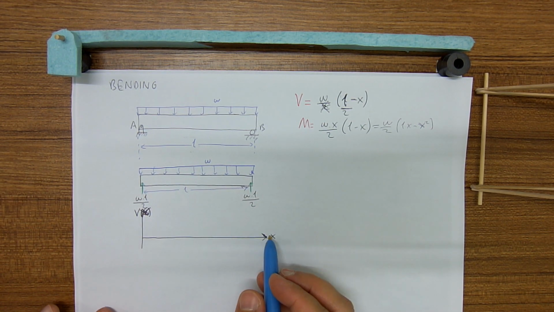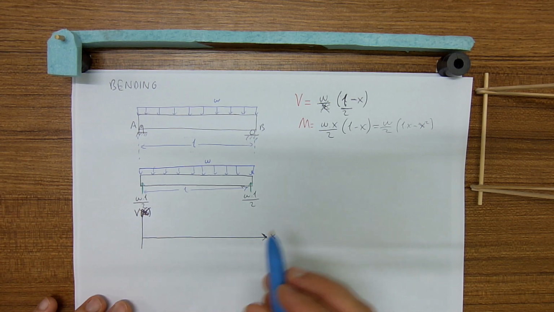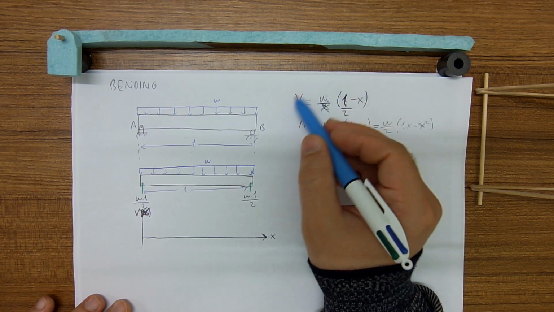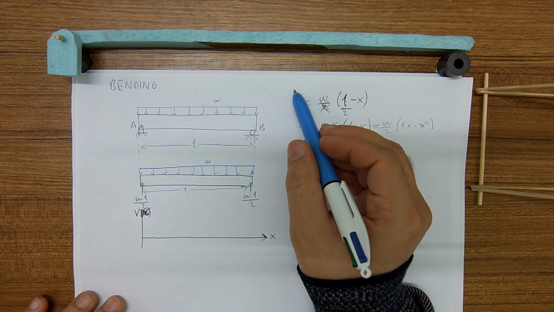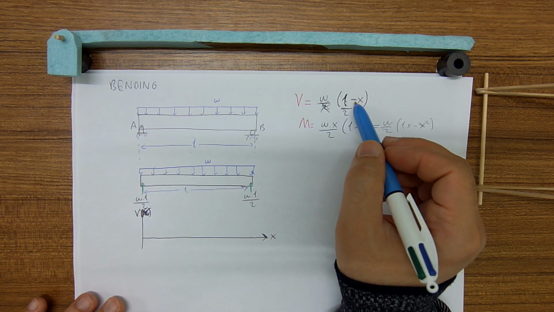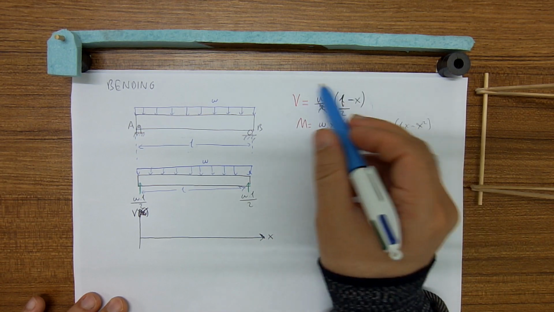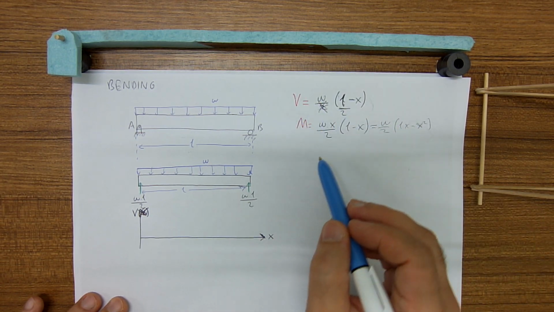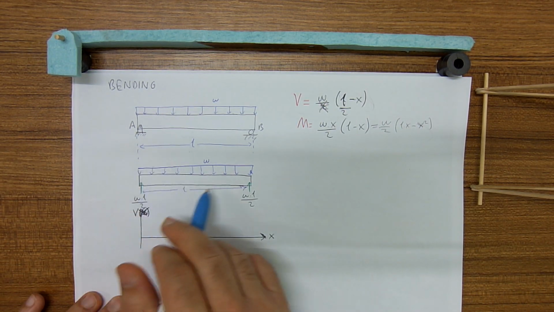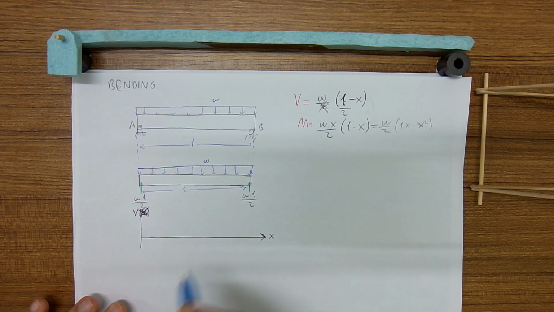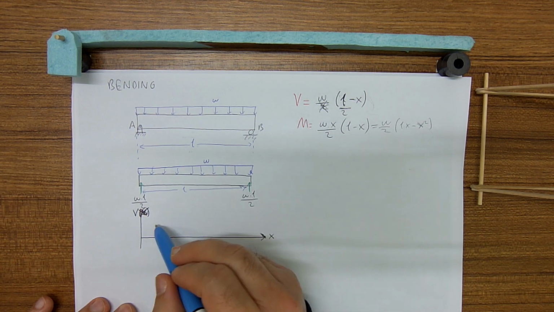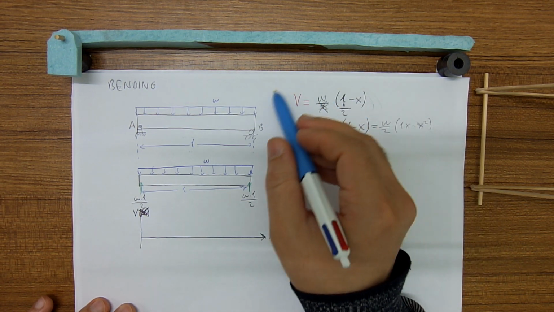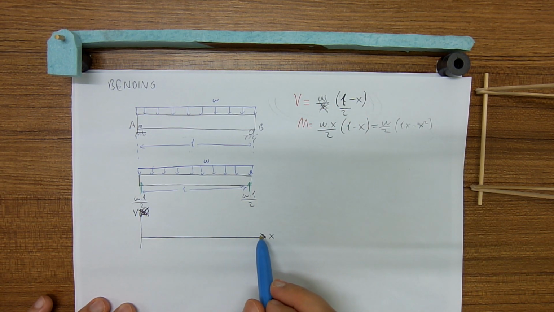Okay, V and x. By using these findings, these are at the same time the equations: this is the equation for shear force, this is the equation for moment for this kind of loading. So by just looking at the equation, I can draw the shear diagram here.